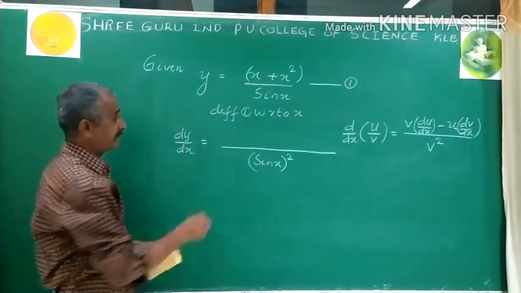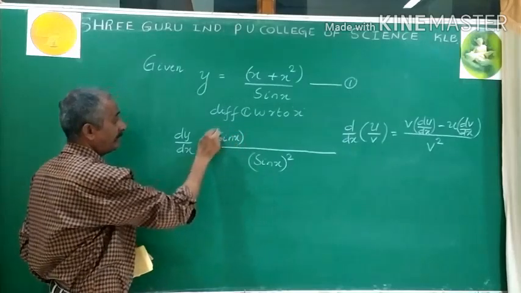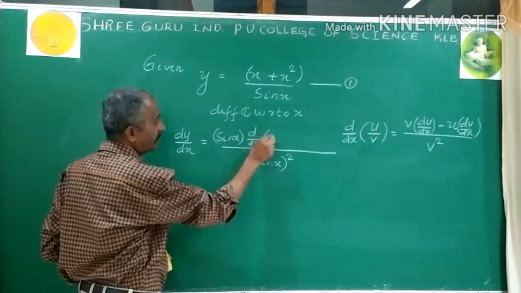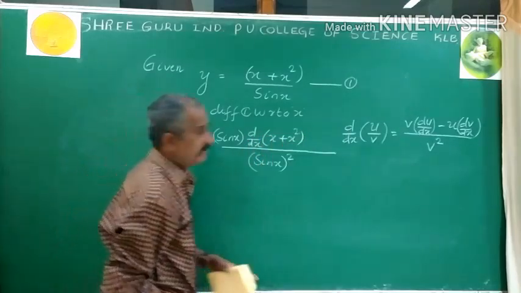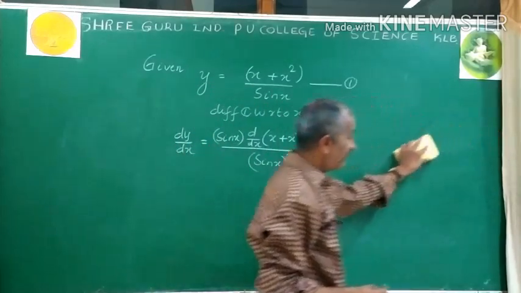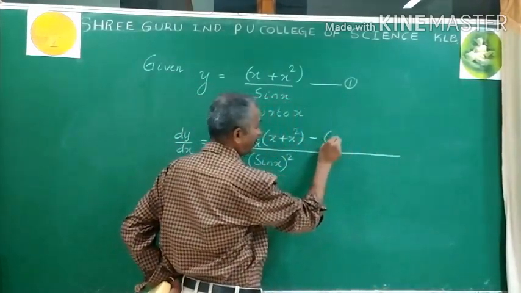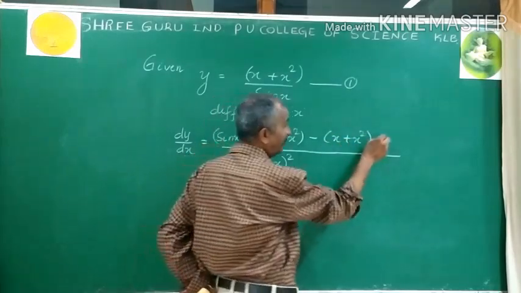Now in the numerator, sin x multiplied by derivative of u, meaning derivative of x plus x square, minus, as in the formula, u, x plus x square as it is, followed by derivative of sin x.